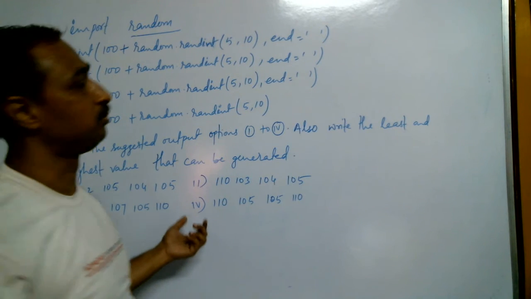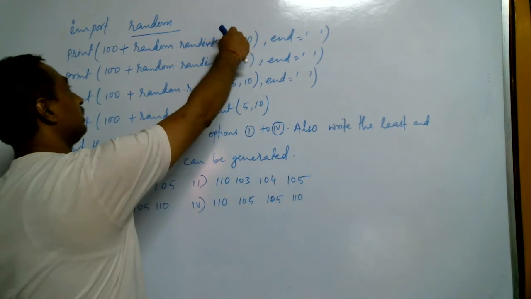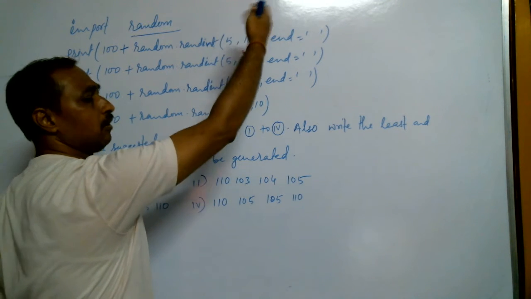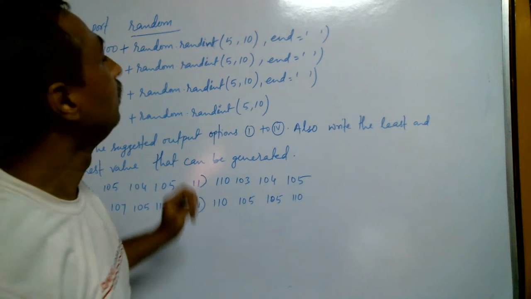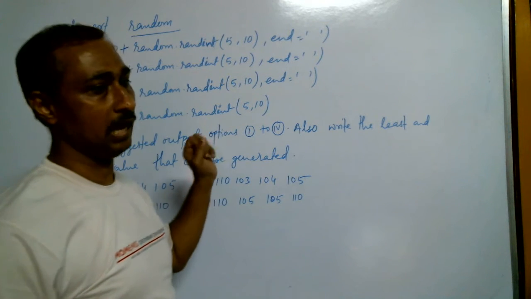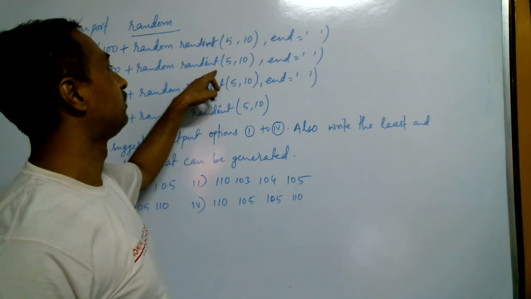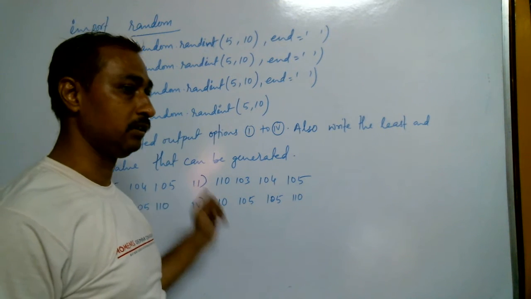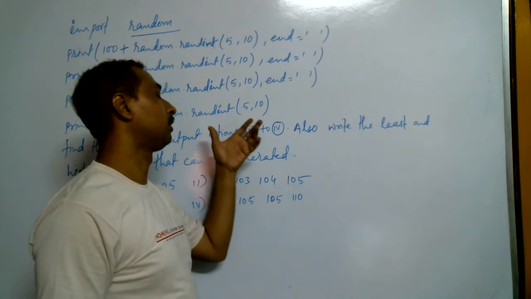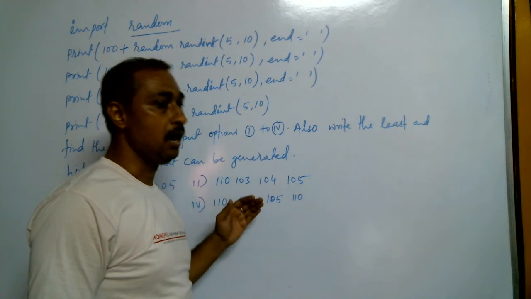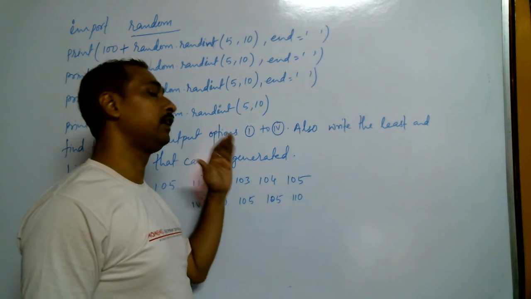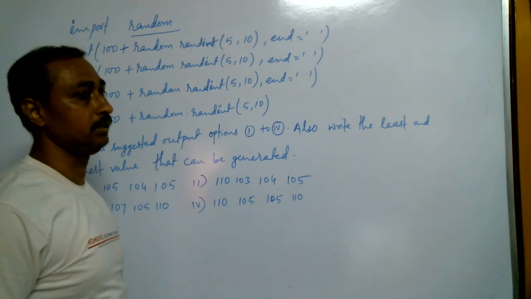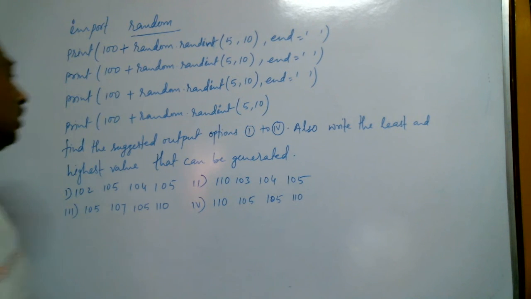Because if the first time this function returns 6, 7, 8, 9, 10, or 5, any value between that, that does not mean that the function will return the same value again. It is totally dependent on the system, which generates the numbers.